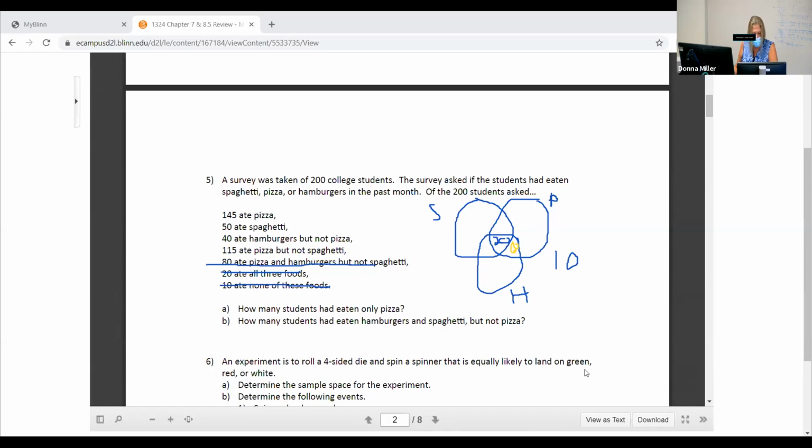Just something like that, right? All right, so what I did was, this wedge has to add to, what did I say? 115. So if I do 115 minus 60, that gives me 55 for this. Mm-hmm. All right, so that takes care of that one.